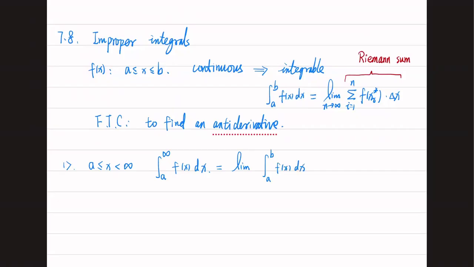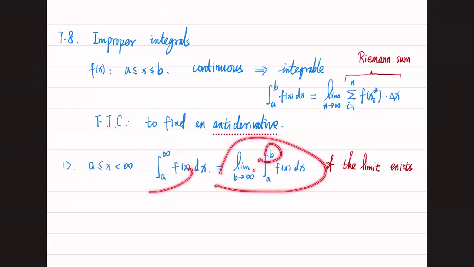We just let this upper bound go to infinity. If the limit exists, that's how we define the integral on an infinite domain. We define a limit with an increasing upper limit. If this exists, then we call this convergent.